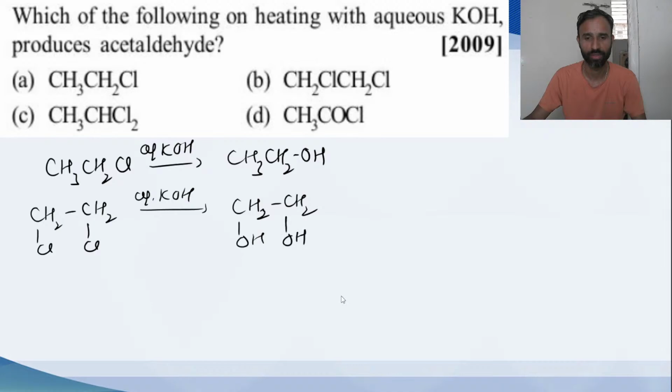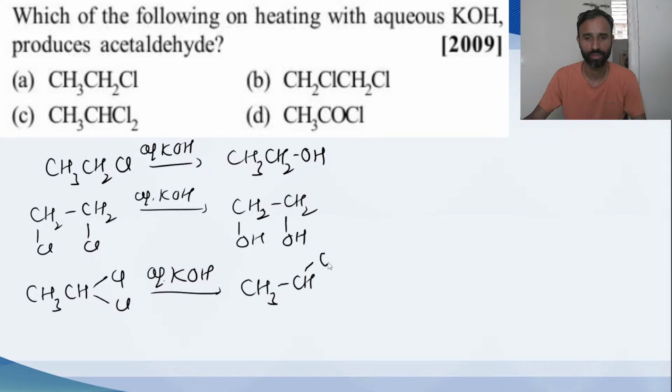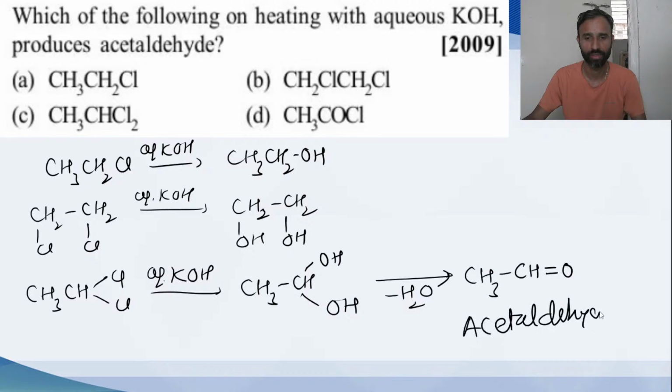The first case gives ethyl alcohol. In the third, when treated with aqueous KOH, we get CH3CH(OH)2. When two or more OH groups are on the same carbon, water is lost and that is the product formed. That means C is the right option.